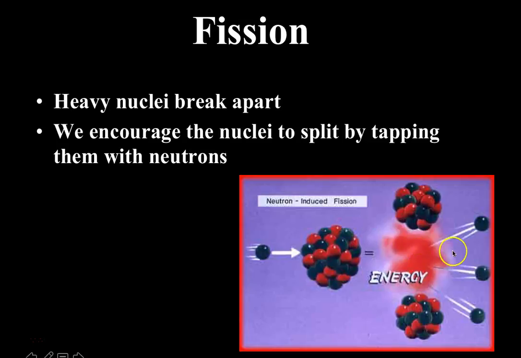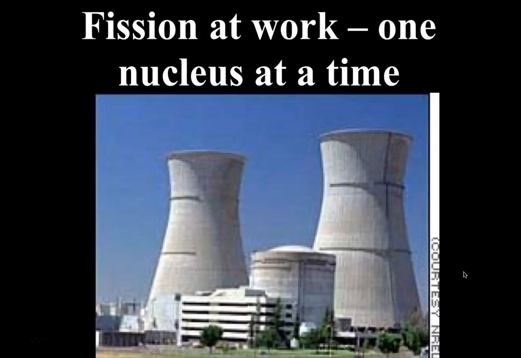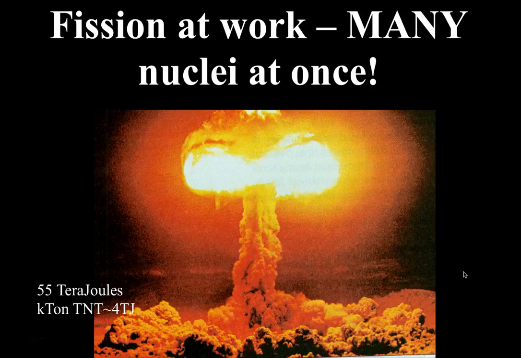Okay, and what ends up happening is you create a chain reaction because more neutrons are created than you start with, and these guys can then run into other uranium nuclei, for example, and then split apart. So fission is what causes our nuclear power plants to work and the atomic bombs.